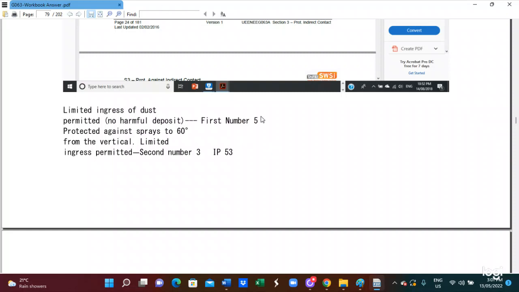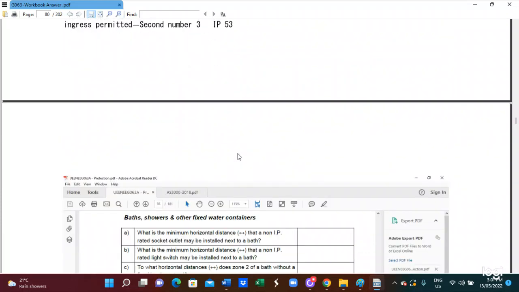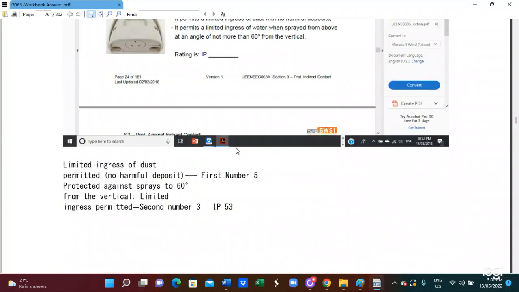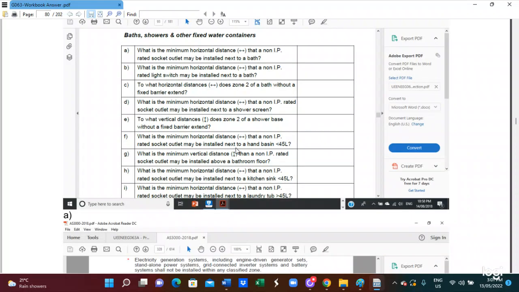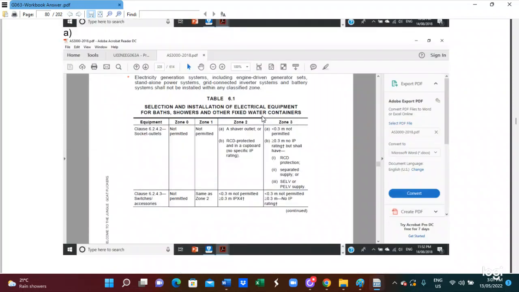In this case, the first number 5 is protection against dust, limited ingress permitted, and the second number 3 is protection against spray up to 60 degrees, IP53. So these are how to interpret the IP rating. Here we need the IP ratings for this exercise.